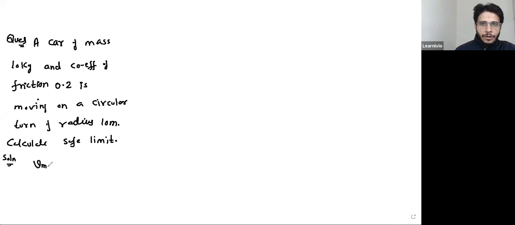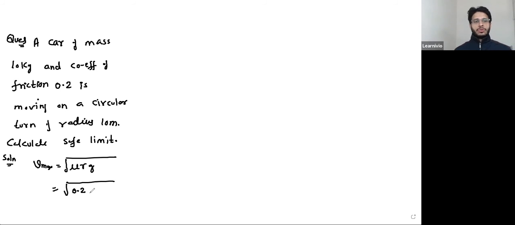See, the safe limit v max is √(μ r g). So here μ is 0.2. The radius of the track is 10. Your g is 10. It comes out to be √20 meter per second, that you can write as 2√5.